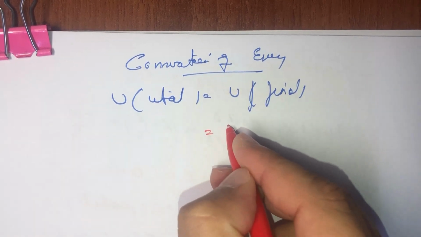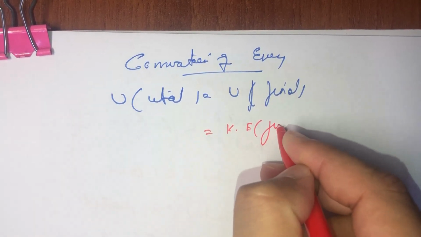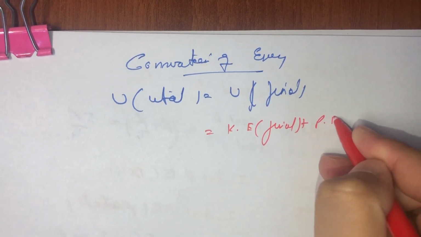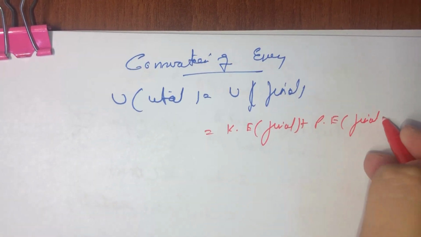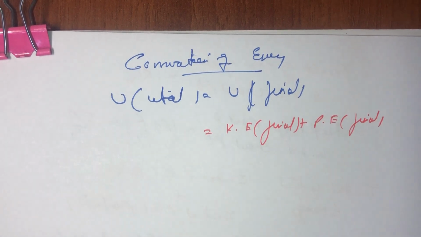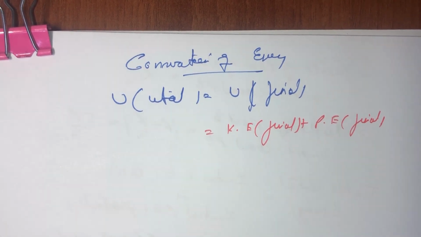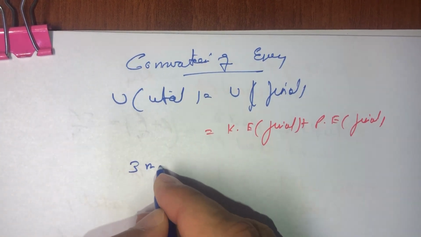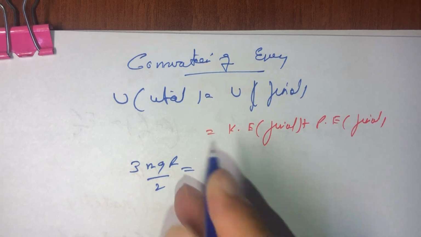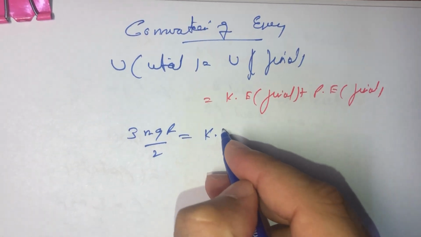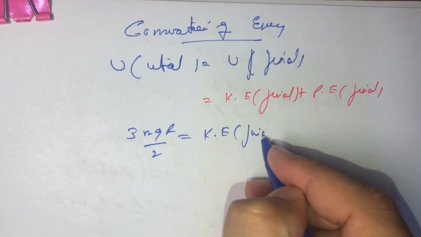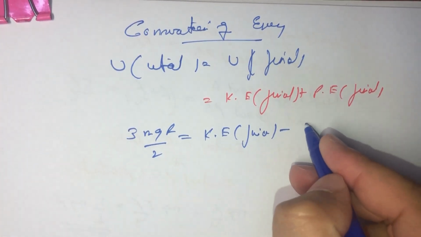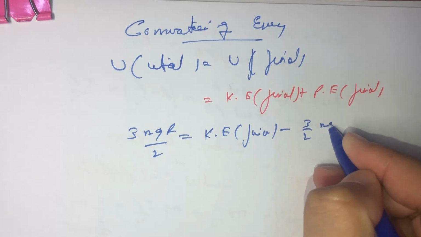So this can be written as kinetic energy final plus potential energy final, and U initial is our 3 mgr by 2. So we write this as kinetic energy final, and minus this will be here our 3 by 2 mgr.